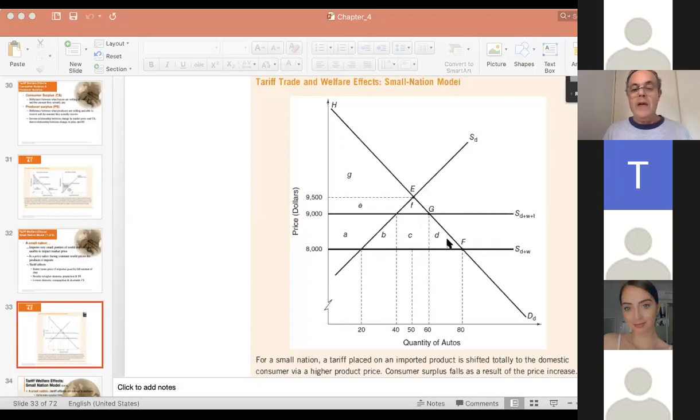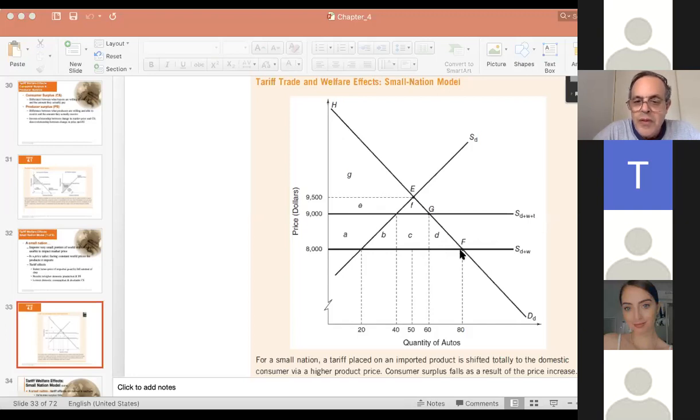Okay, now we go to Area D. Area D is referred to as the consumption effect of the tariff, which means that once we impose a tariff on this good, we're going to be reducing consumption or purchase of this good by consumers. In other words, consumers were actually willing to pay a little bit higher than 8,000 for each unit that they will consume extra.